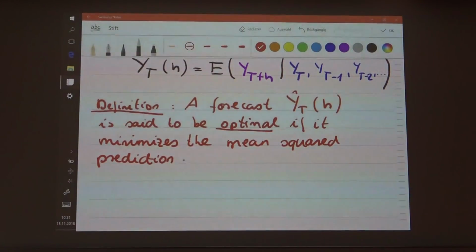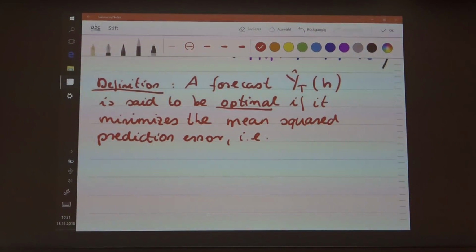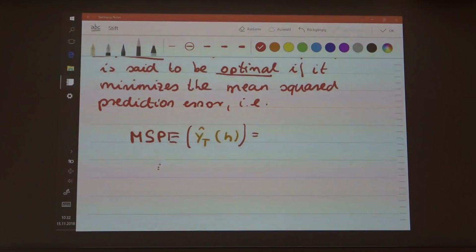And I'm going to define this as follows. The mean squared prediction error, MSP, of the forecast at time t for time t plus h is as follows. This is the expectation operator of the following squared sum.